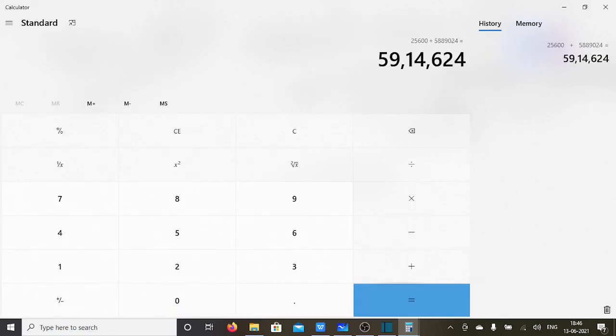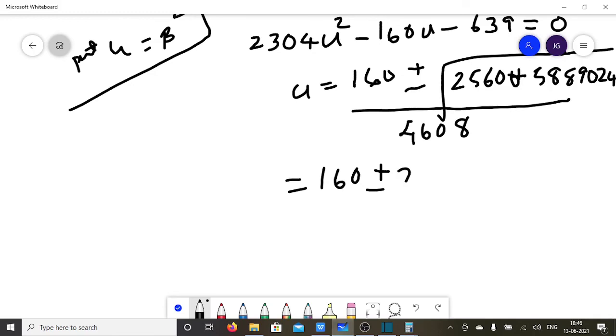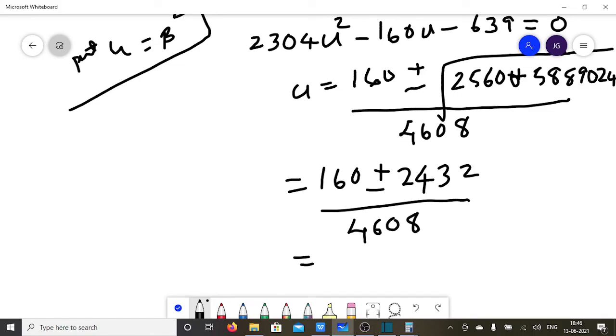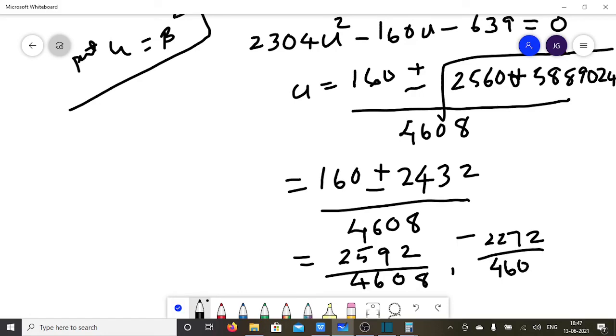Now we can take that root, so 2,432. This is 2,432 divided by 4,608. So we add this, 160 plus 2,432, which is 2,592 by 4,608, and this is minus, 2,272 by 4,608.